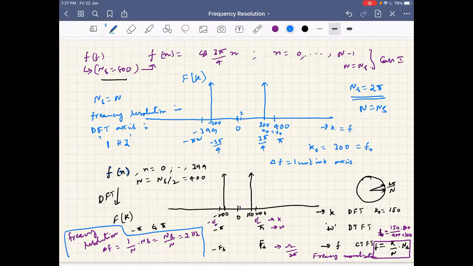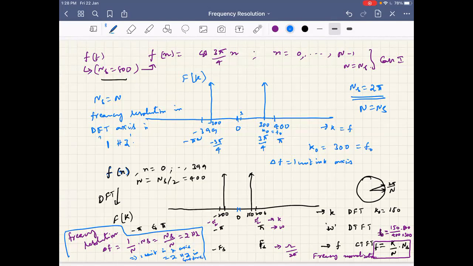Because delta k, the gap between each sample, is 1 unit. Frequency resolution means 1 unit represents how much in continuous frequency. That implies 1 unit in the k axis is equal to 2 Hz in continuous frequency, f.